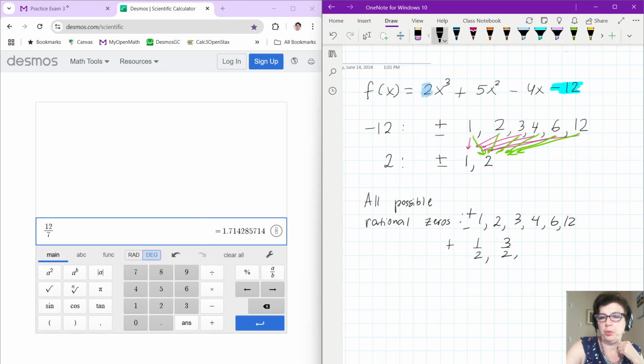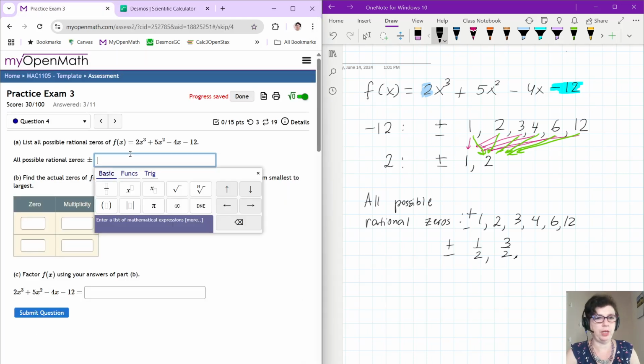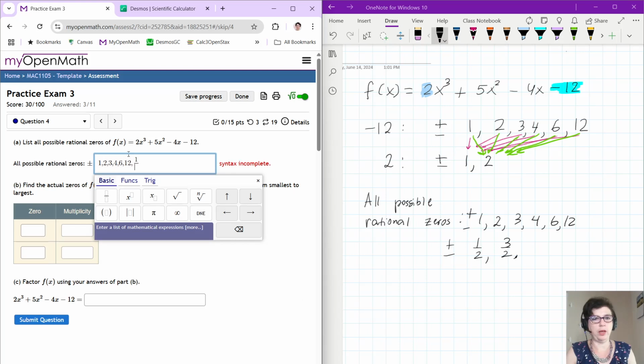And of course, this is still plus minus. Then 4 over 2, that's 2, I already have it. 6 over 2, that's 3, I already have it. And 12 over 2, that's 6, I already have it. So there is nothing else there, so I got all possible rational roots, and I can go ahead and write them here. So it's 1, 2, 3, 4, 6, 12, 1 half, and 3 halves.